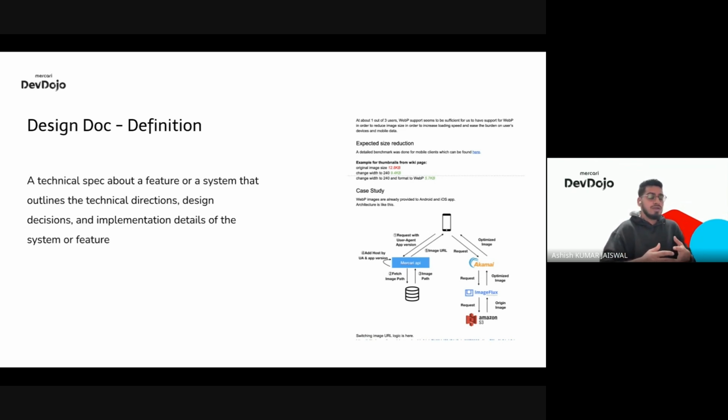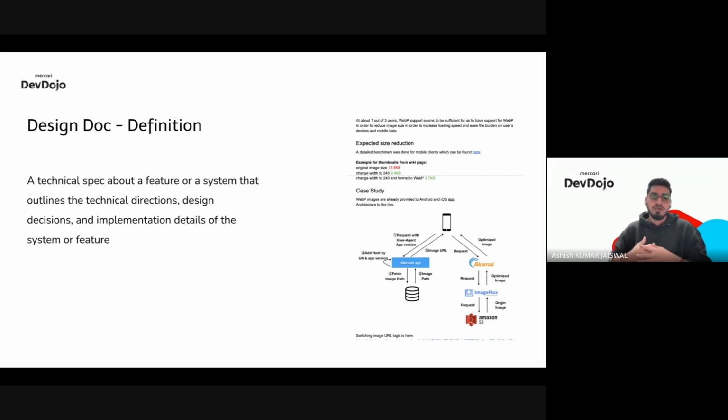We will discuss more about why we need a design doc, how we can write one, when we can write it, and also the lifespan of a design doc in more detail in the upcoming slides. At the end, I'll also walk you through some of the examples which we have in Mercari. I'll show you various different examples.